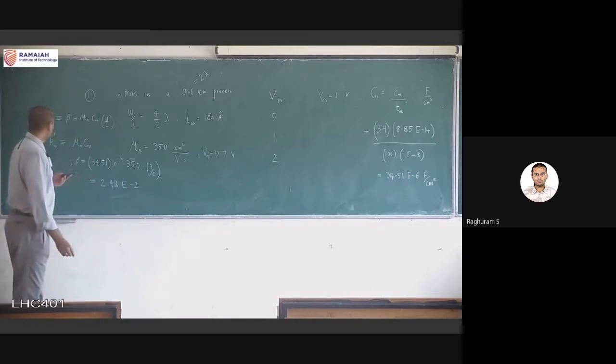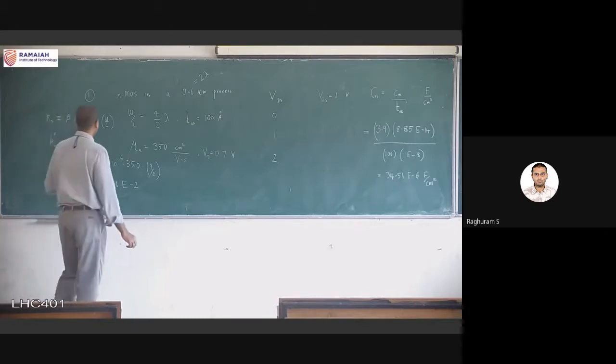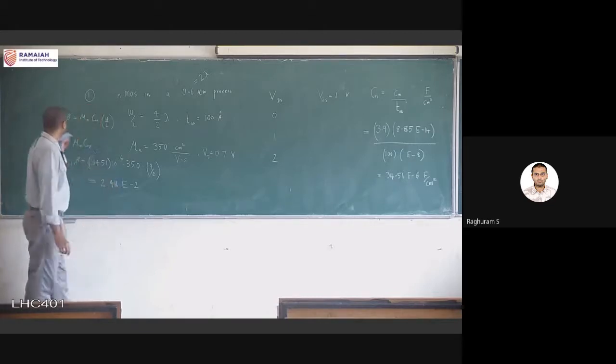E minus 2 is what I'm getting, and this is the beta.